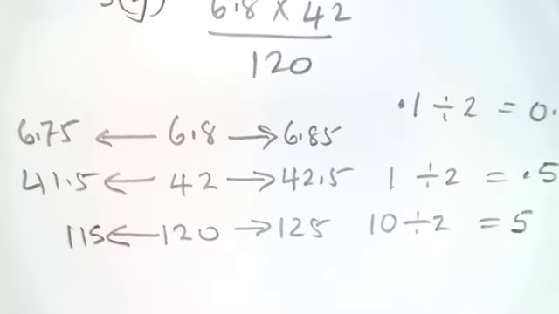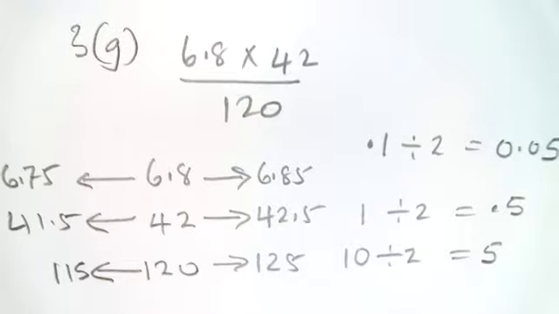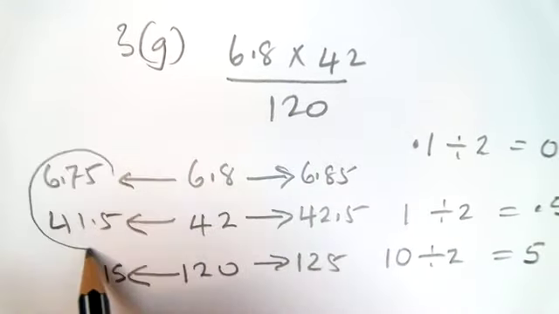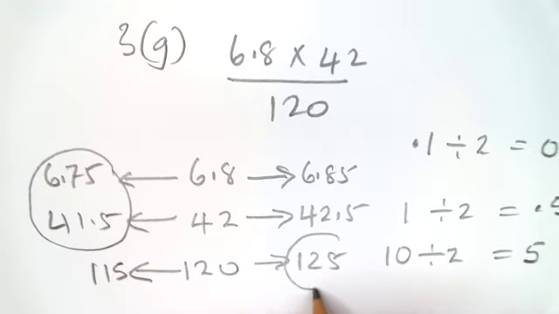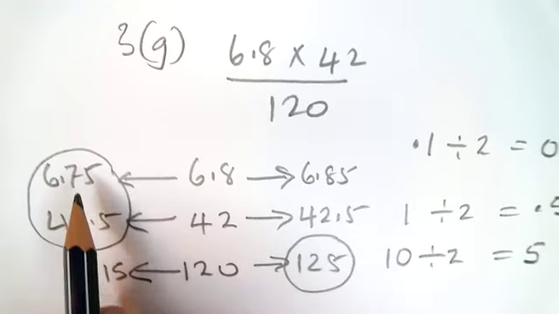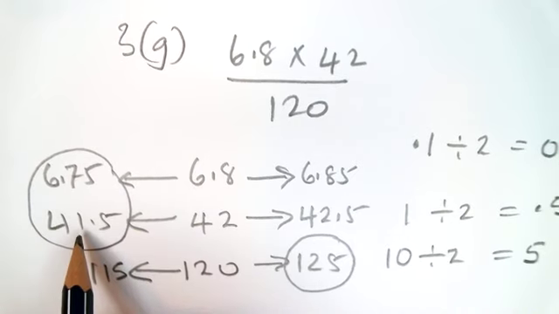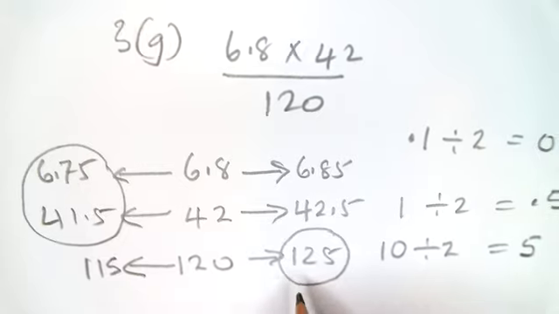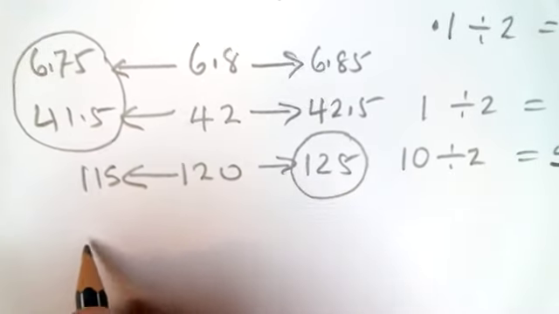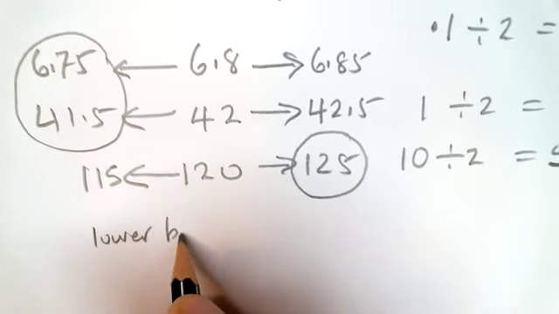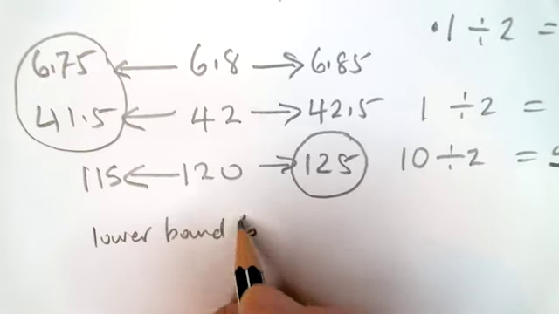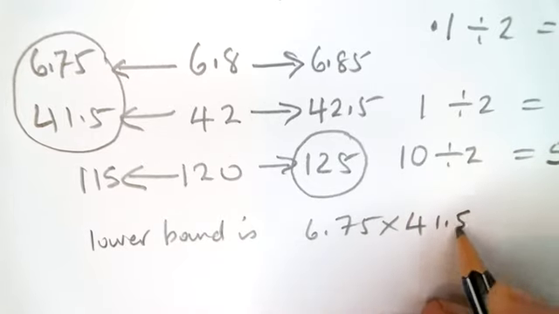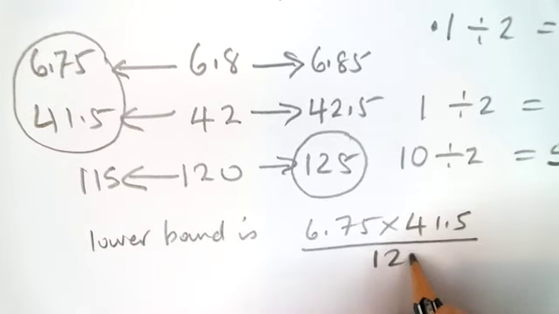All right, so now we can go ahead and do this. First of all, the lower bound is going to be these two multiplied together divided by this value here. So we take the two lower bound values and divide by the upper bound for the denominator in the usual fashion. So the lower bound is 6.75 times 41.5 divided by 125.